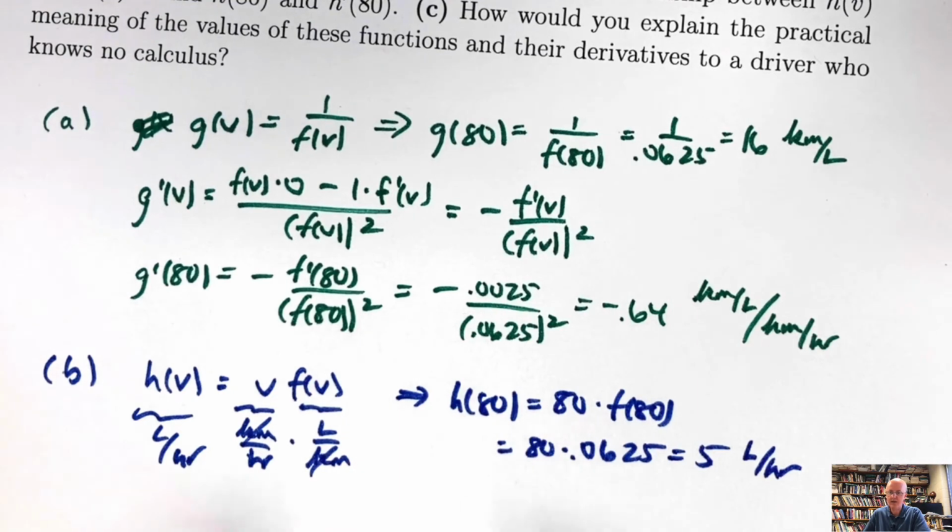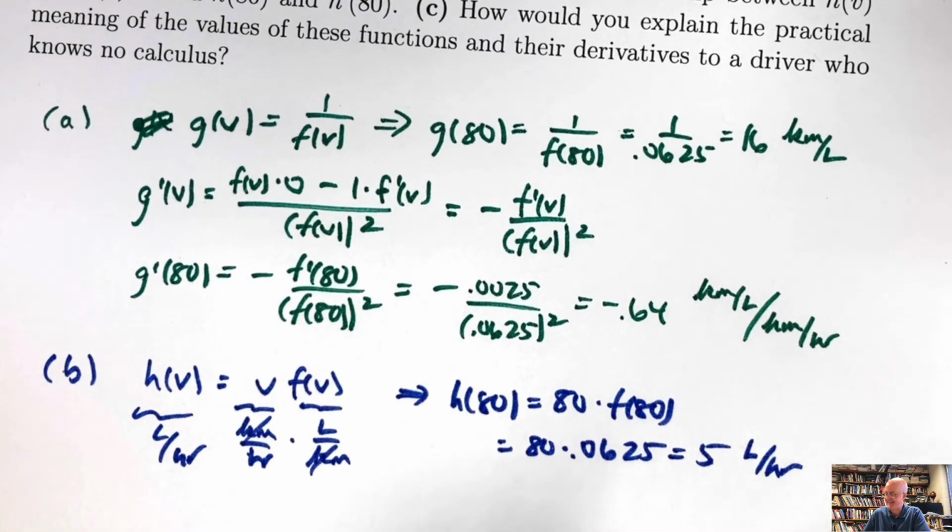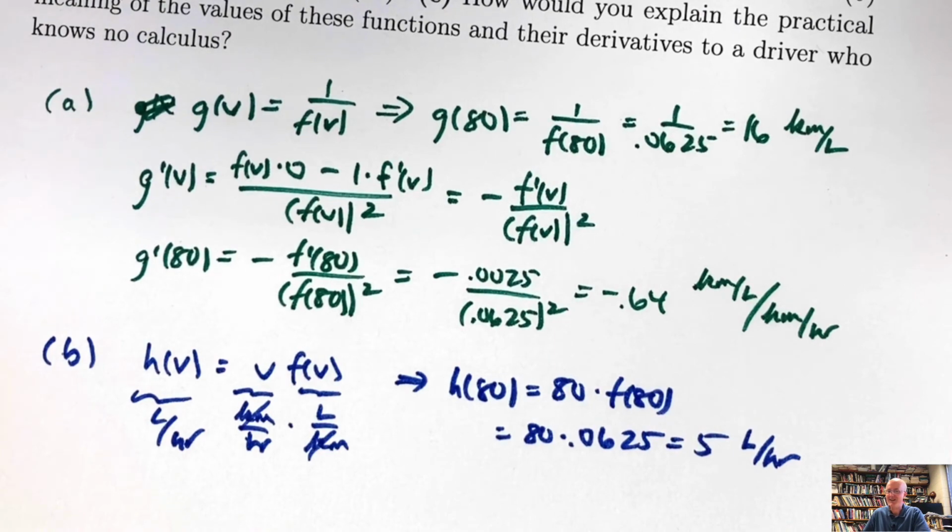So when you are traveling at 80 kilometers per hour, using 0.0625, 1/16th of a liter for every kilometer you go, you're going to use 5 liters per hour because you're ultimately going to go 80 kilometers in that 1 hour.